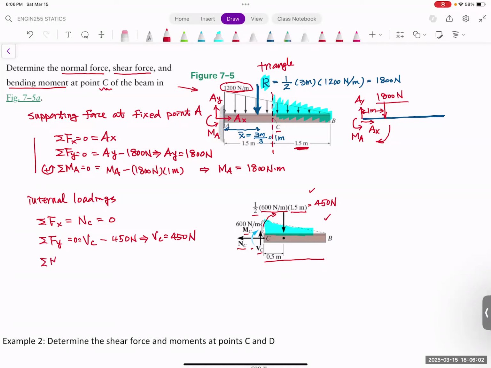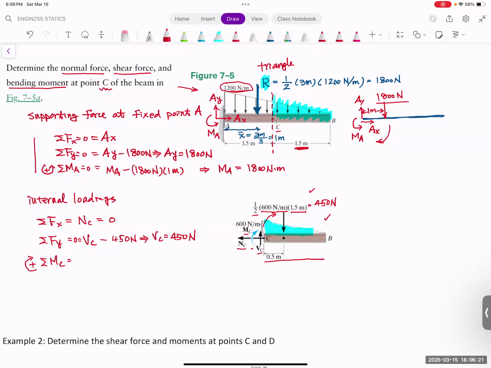The next thing we do is the summation moment at the C, and that is equal to M sub C. Now, I'm going to define this direction to be the same direction as we define it as positive. So I'm going to make this one as the positive.